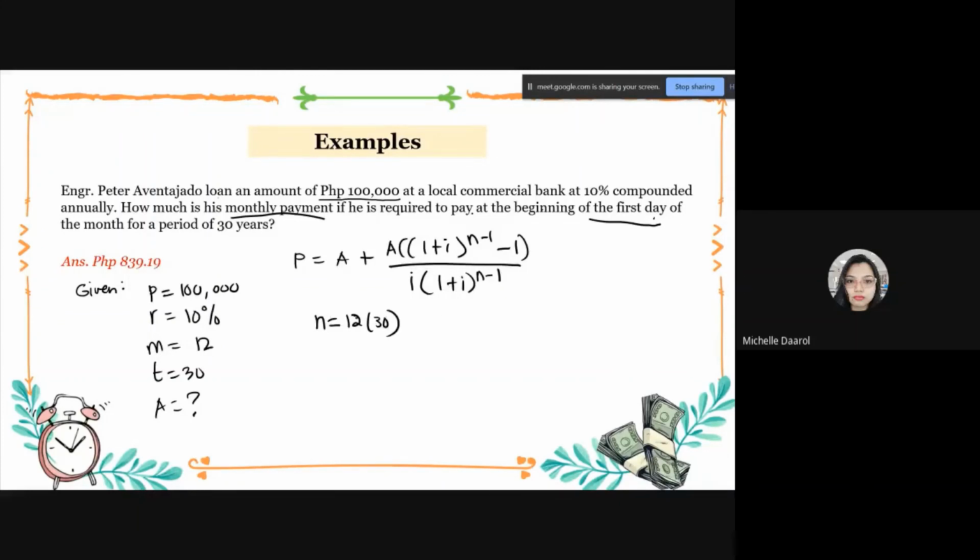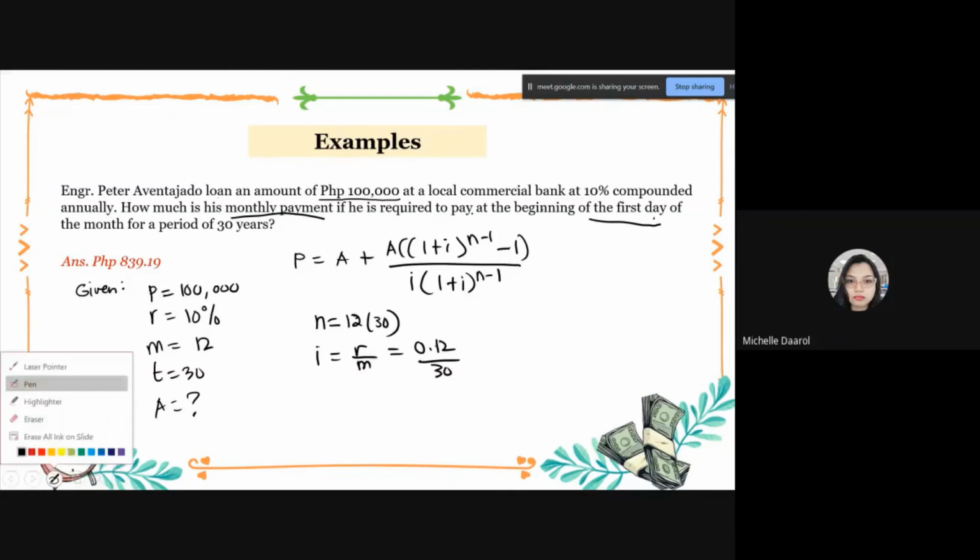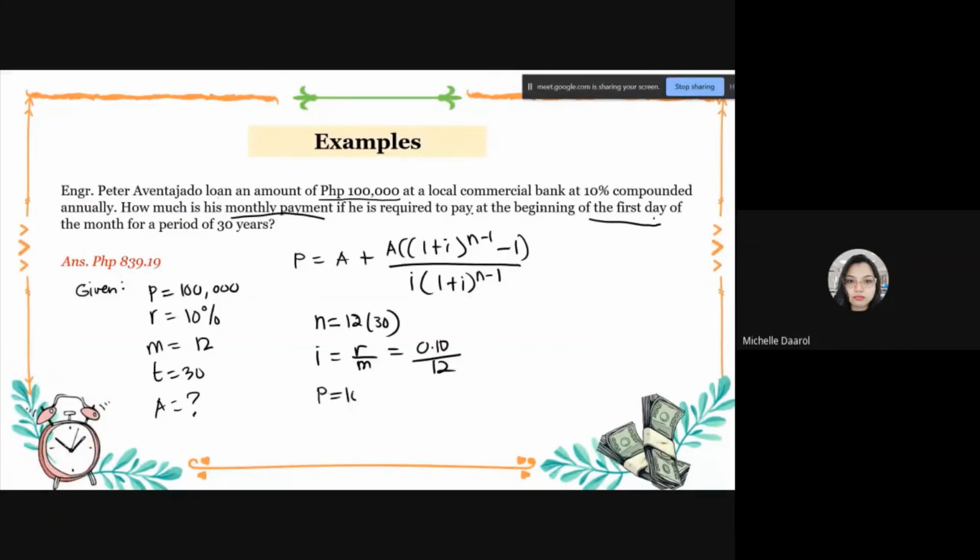Dili na makaltek. And then, ang i is r over m, so 0.10 over 12. Okay, so substitute when P is 100,000. Solve for A.